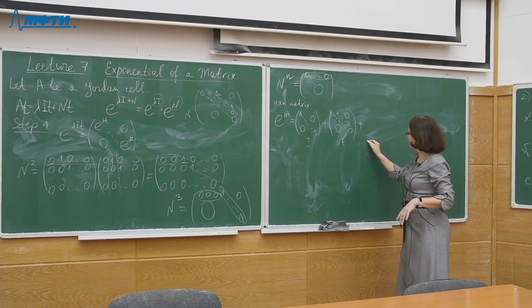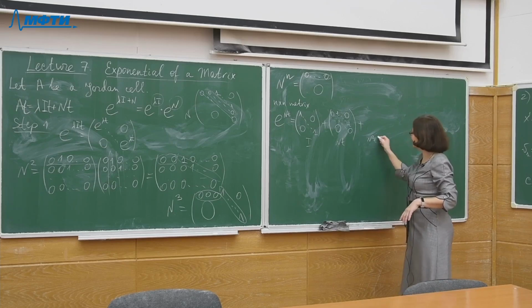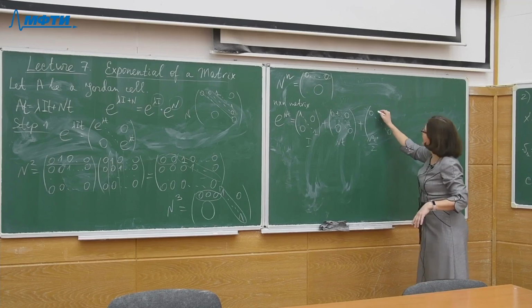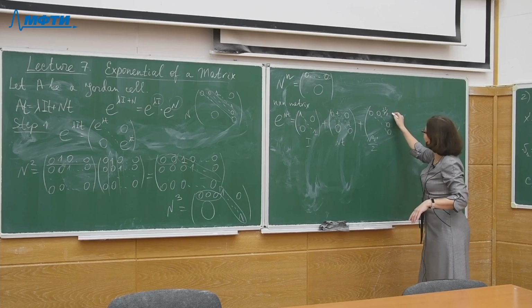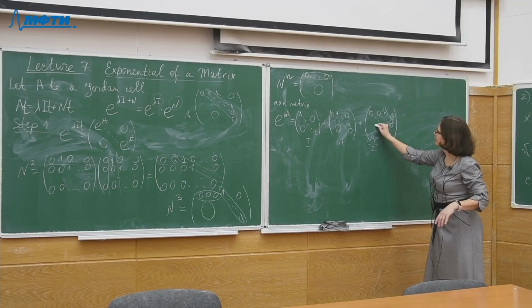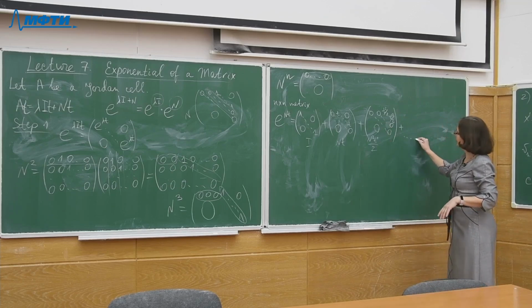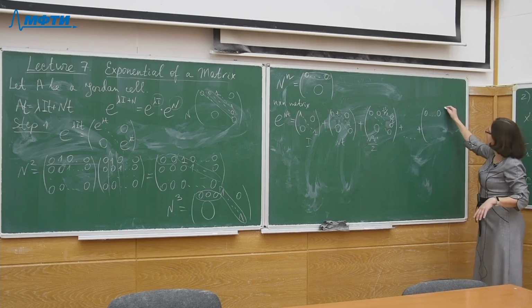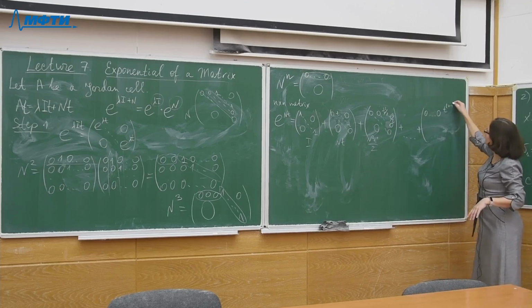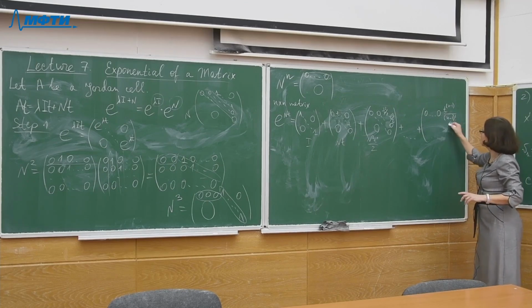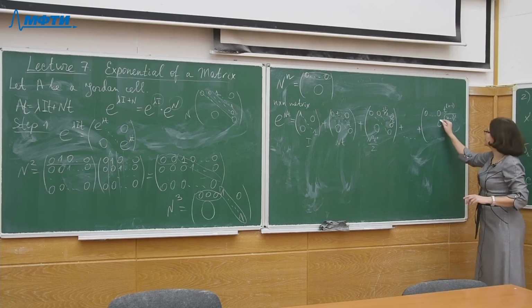Then comes n squared t squared over 2. It will be 0, 0, 0, and next t squared over 2, t squared over 2. And the last matrix will be of the form zeros, next t to the power n minus 1 over n minus 1 factorial. And we have zeros elsewhere.